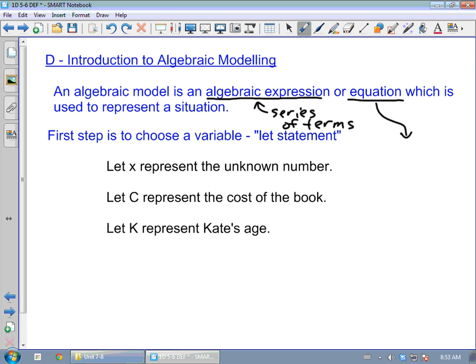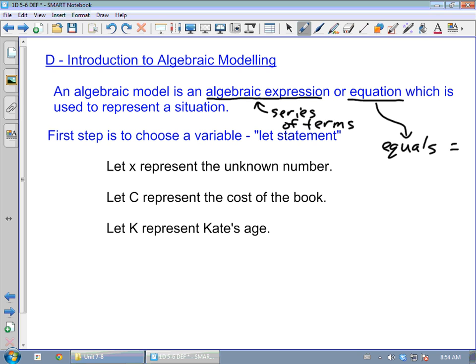What's the difference between the two of these things? What does an equation have that an expression doesn't have? It has that equal sign in it. Absolutely right. Something on one side equals something on the other side.